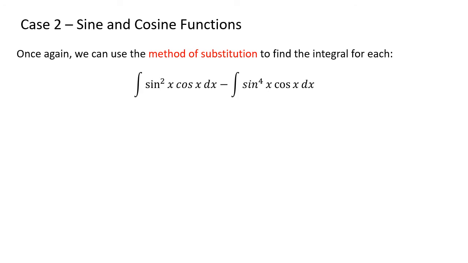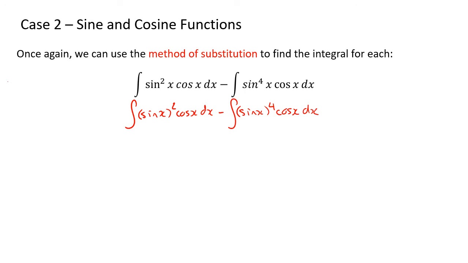So if we do that, in this case, we have sine squared of x and sine to the fourth of x, which you can rewrite as the integral of sine x squared cosine of x dx minus the integral of sine of x to the exponent 4 cosine of x dx.